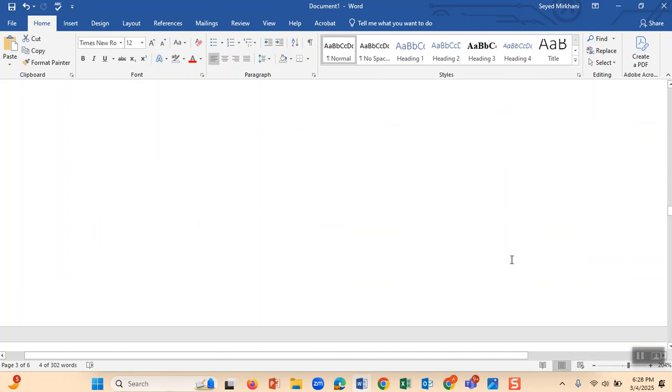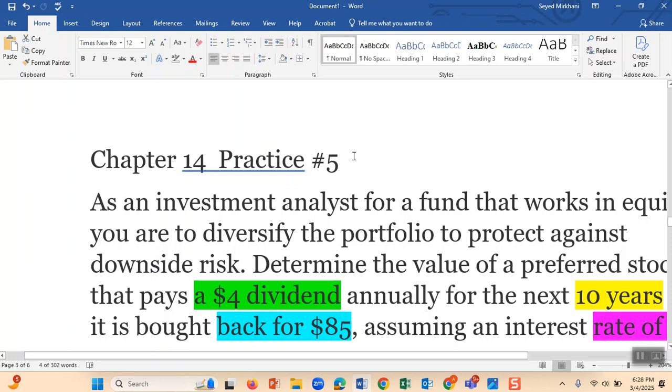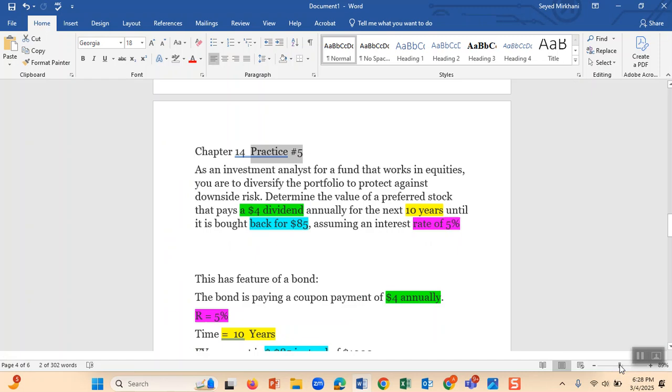We have one problem that we wanted you to take a look at, and that is the practice problem in chapter 14. It is about preferred stocks. The question would be, what are preferred stocks and why are they different from common stocks?